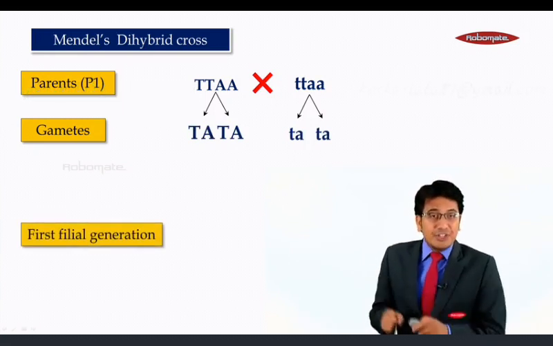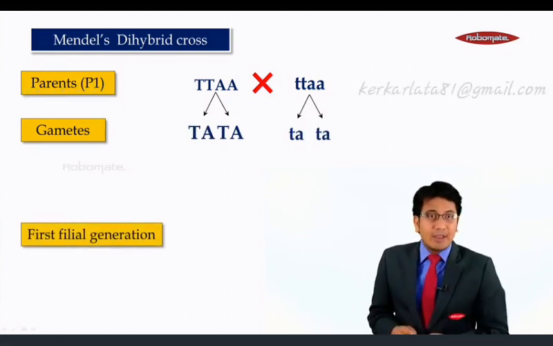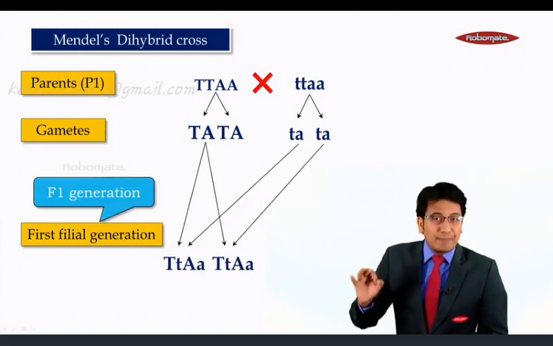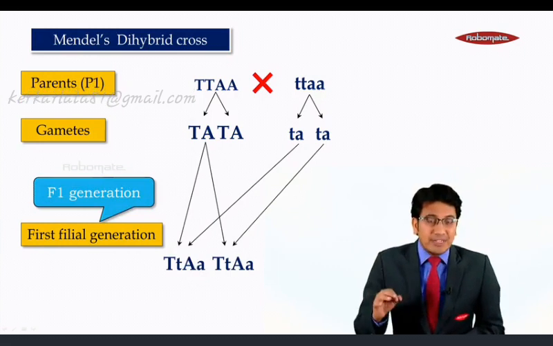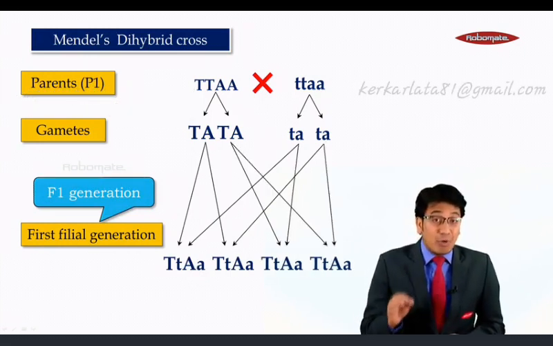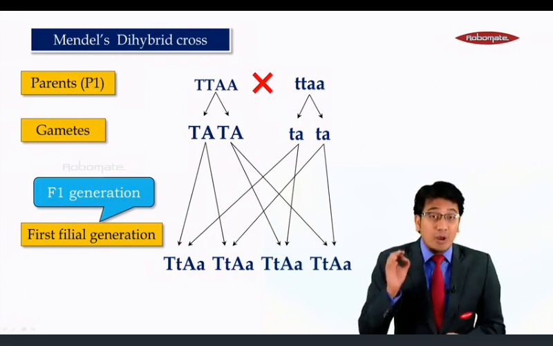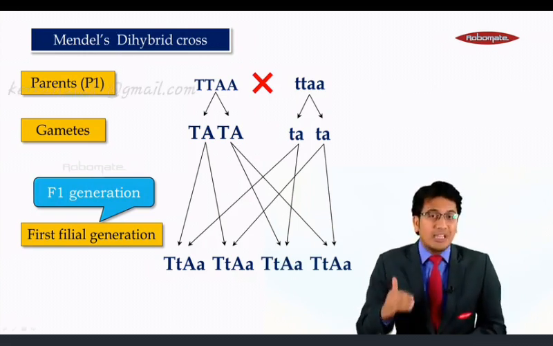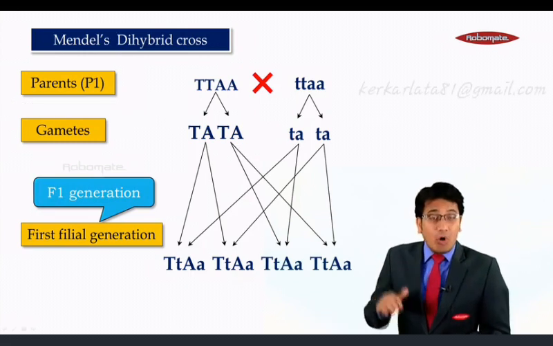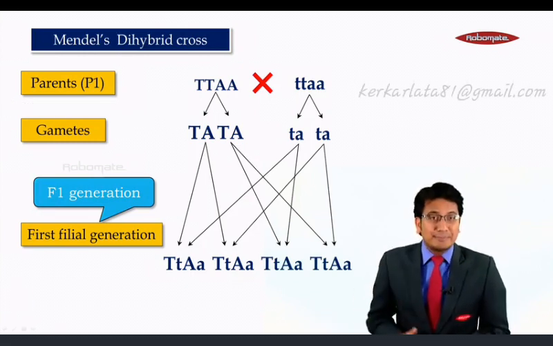And in the F1 generation, when he crossed them, he got capital T, small t, capital A, small a, four times. So all of them were equal, all of them were the same.